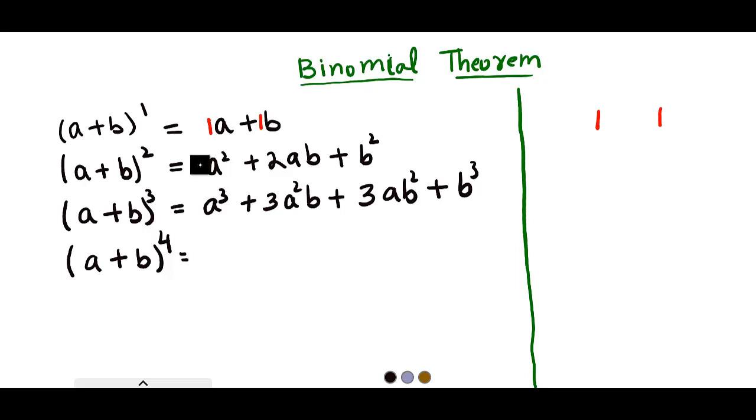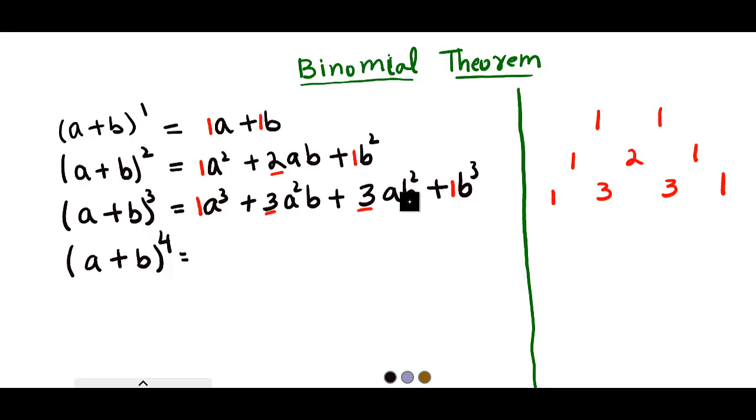The coefficients of the second expansion are 1, 2 and 1. In the third expansion, coefficients are 1, 3, 3 and 1.